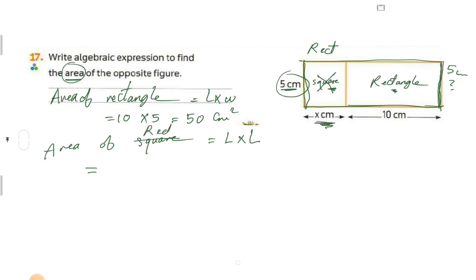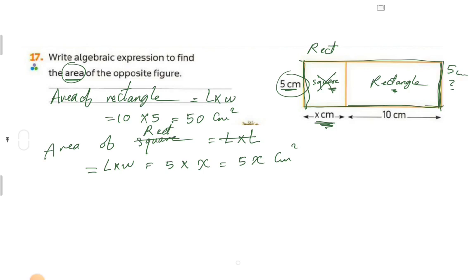What's the area of any rectangle? L times W. L equals maybe 5 times x. It means 5x centimeters squared.